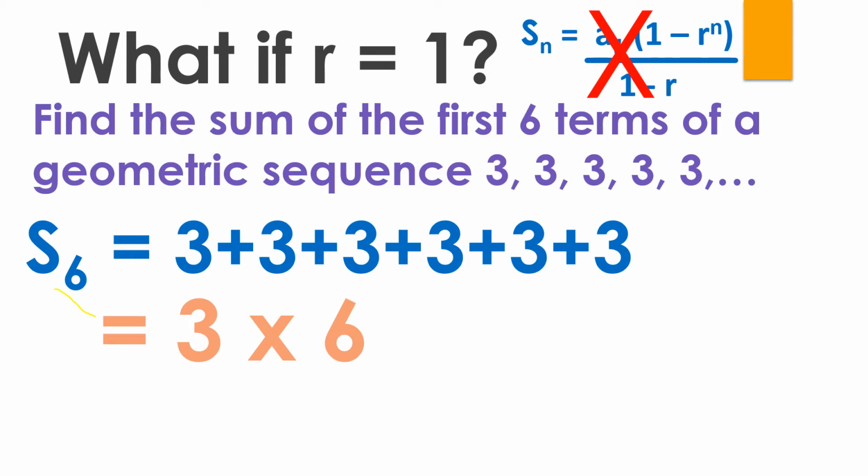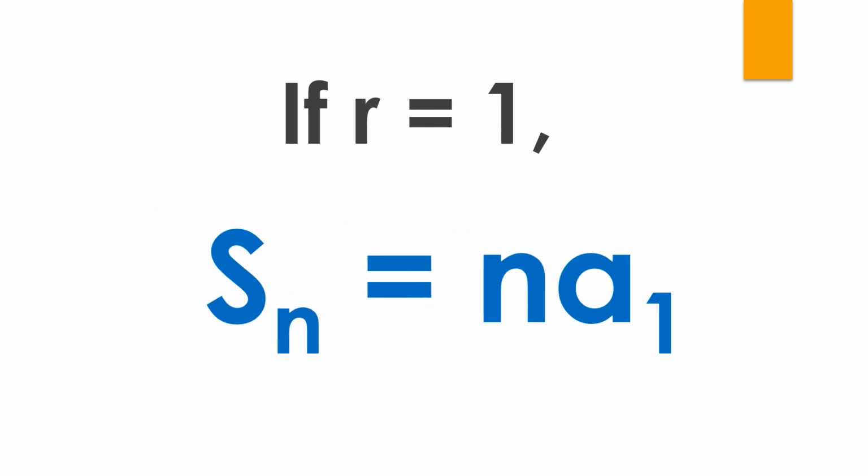So 3 times 6 will give us the sum of the first 6 terms of the sequence, which is equal to 18. Therefore, if r is equal to 1, the sum of the first n terms of a geometric sequence is equal to the product of the number of terms and the first term.